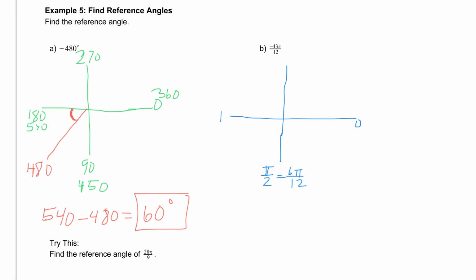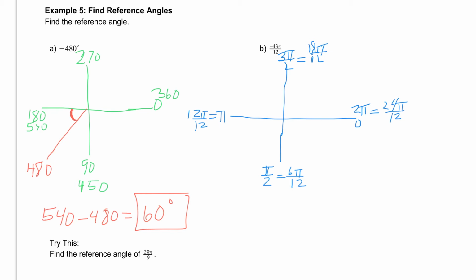Then we get to pi, and in terms of 12ths, this is 12 pi over 12. 3 pi over 2 would then be up here since we're in the negative direction, and that's going to be the same as 18 pi over 12. Then we get to 2 pi, and in terms of 12ths, that's 24 pi over 12.